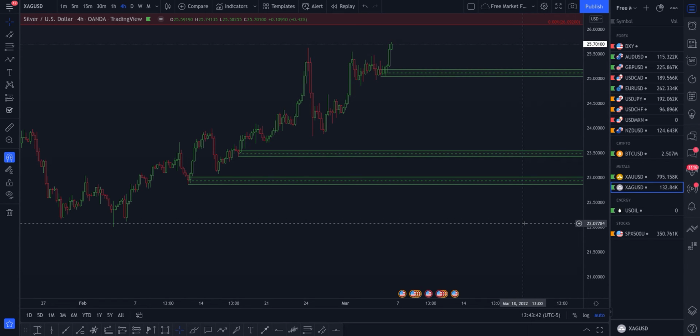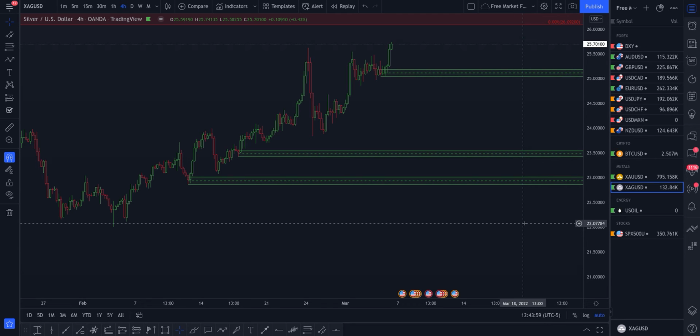These metals, they play a big part whenever we can see these gold and silver metals catching value as the U.S. dollar is losing value.